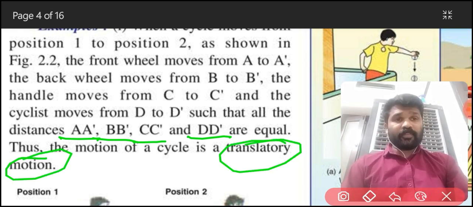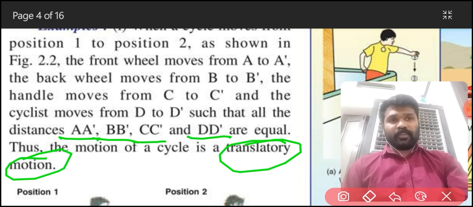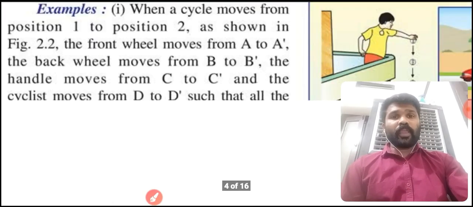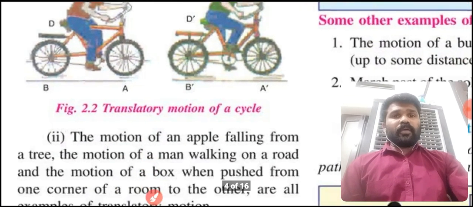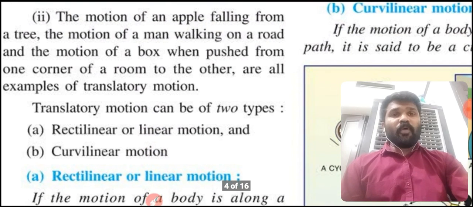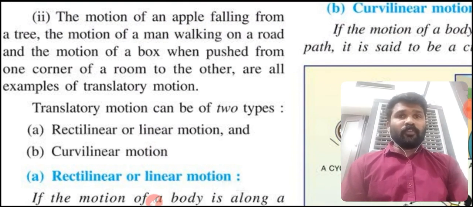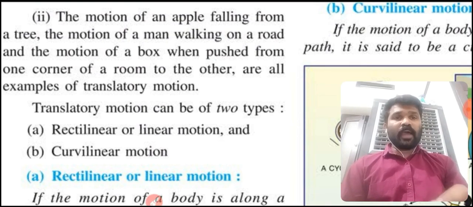Students, this cycle moves the same distance in the same time, so this type of motion is called translatory motion. Now, second, the motion of an apple falling from a tree. Just observe the motion.